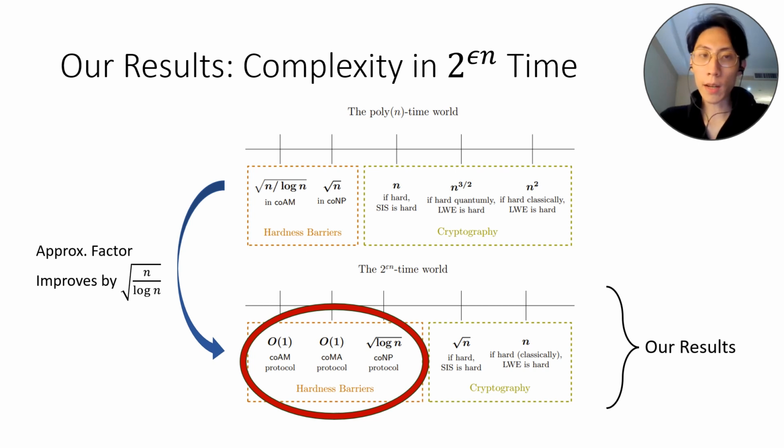Similar to how the results above serve as hardness barriers for showing NP hardness of, say, square root n SVP, our results here serve as hardness barriers for showing fine-grained hardness results for SVP with small approximation factor.